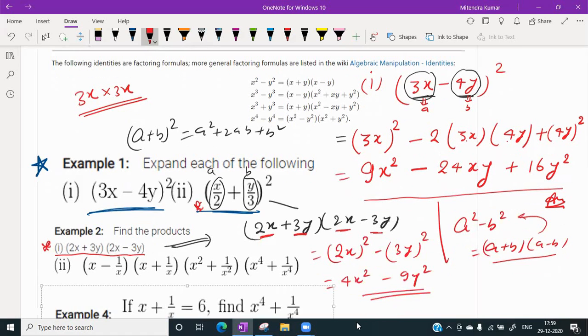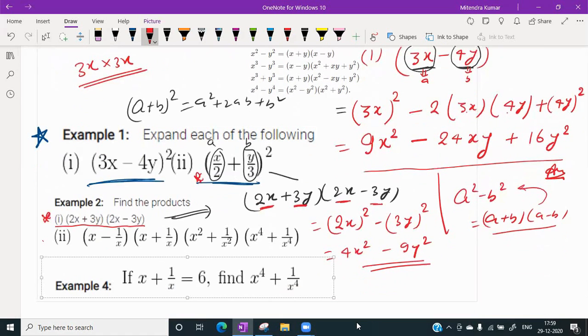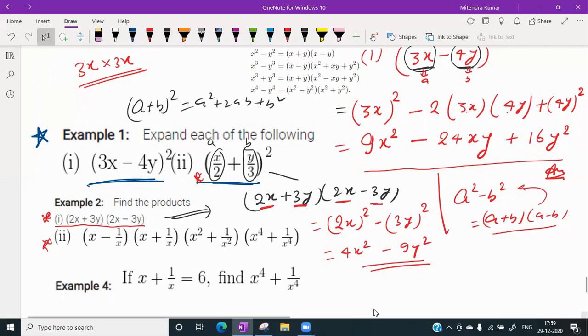Okay, students, you can take this question as homework. You can try at home, maybe this question. Leave this question, it will not come in the exam. So this question you can try.